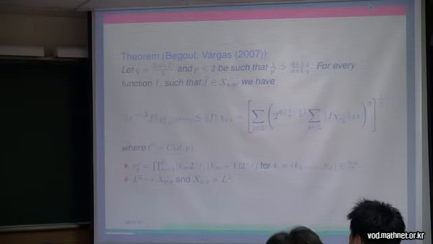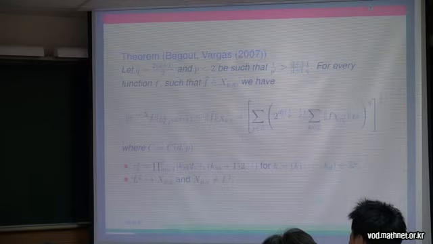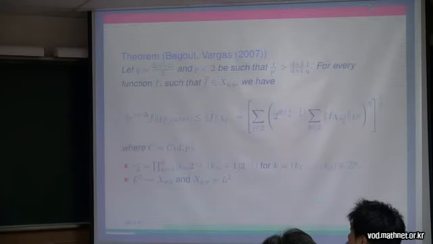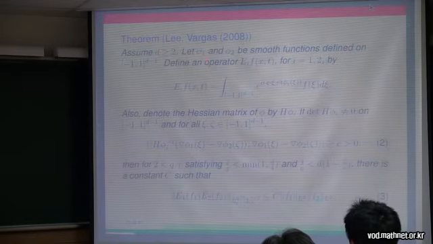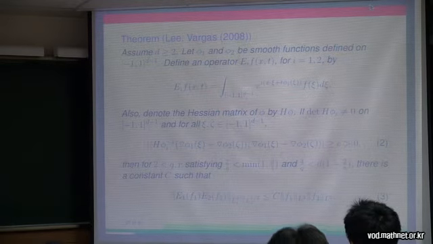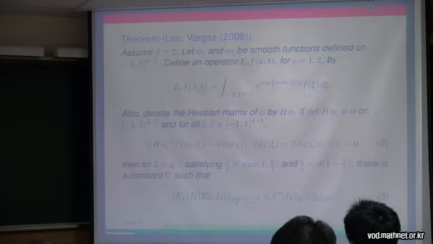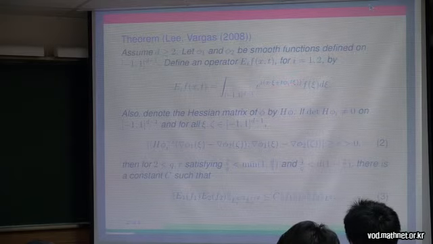Actually, this refined Strichartz estimate follows from some bilinear restriction estimate. So here is the result by Lee and Vargas. It looks quite complicated, but this operator E_i is some extension operator.